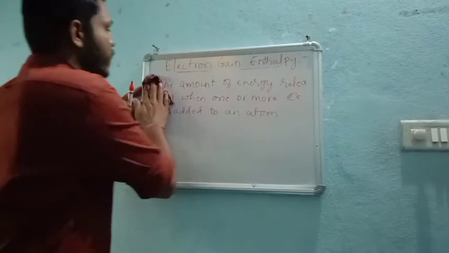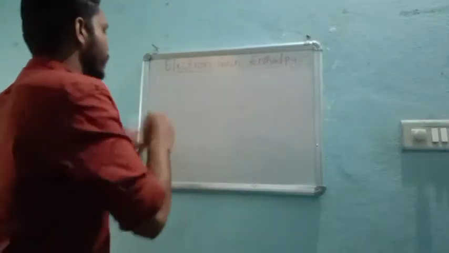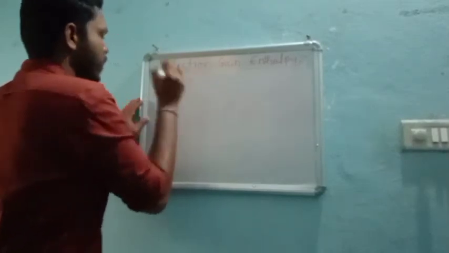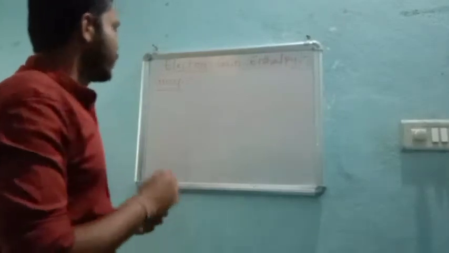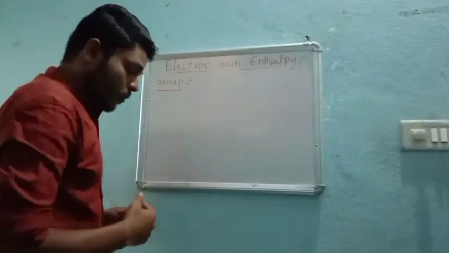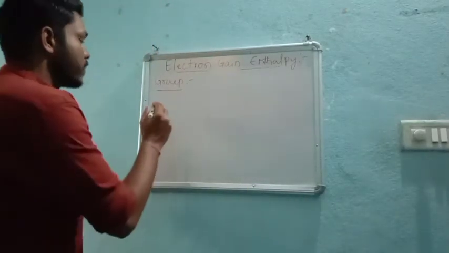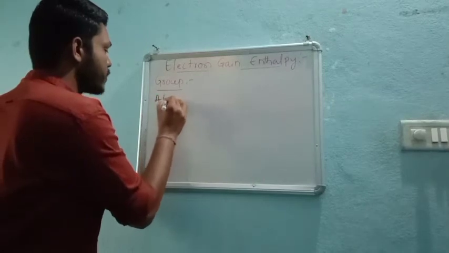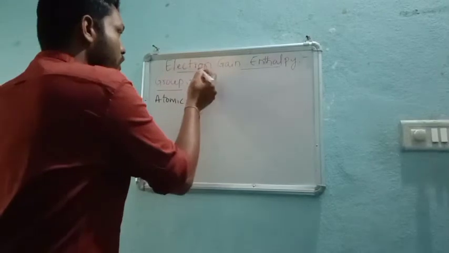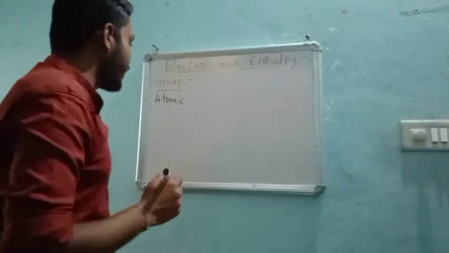So directly we will see in the group. In the group, again we have to see from top to bottom. While coming from top to bottom in the group, again you remember atomic radius. So atomic radius is increasing. So electron gain enthalpy, that means electron gaining character.